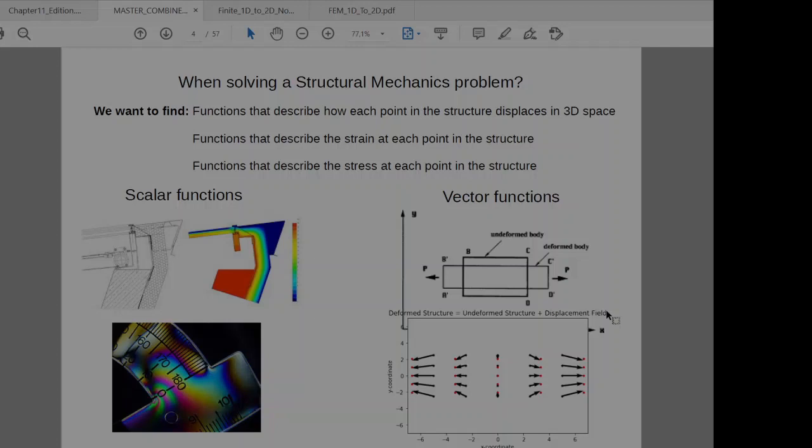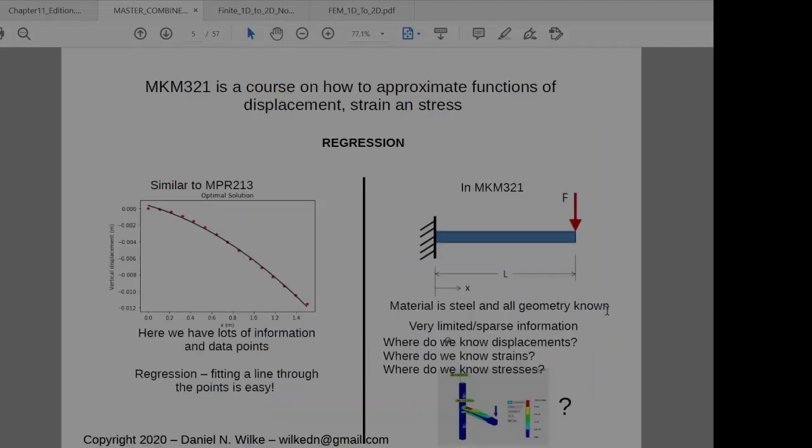So, a function for the displacement, a function for strain, a function for stress, and what we very quickly realize is that if you want to describe displacement in 3D, we need three functions, one for x, y, and z: displacement in the x direction, y direction, z direction, and then we will describe the strain at each point. Essentially, we very quickly realize we need 6 for that and 6 for stress. That is just the nature of the symmetry of the problem that we are dealing with.